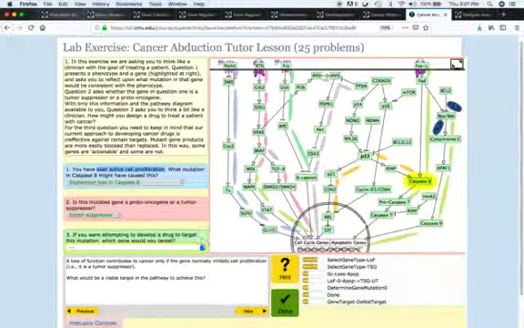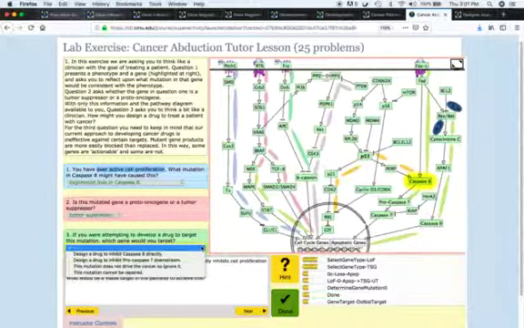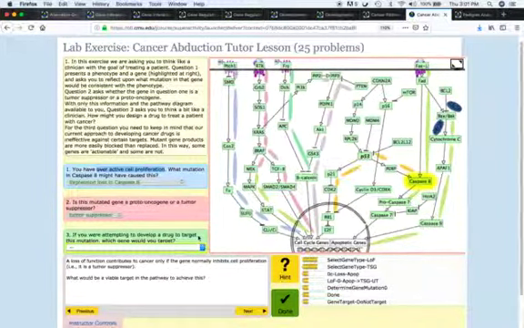And ultimately, the student is asked if they were trying to design a cancer treatment for a patient who had a cancer with a mutation in that gene, how they would treat it.